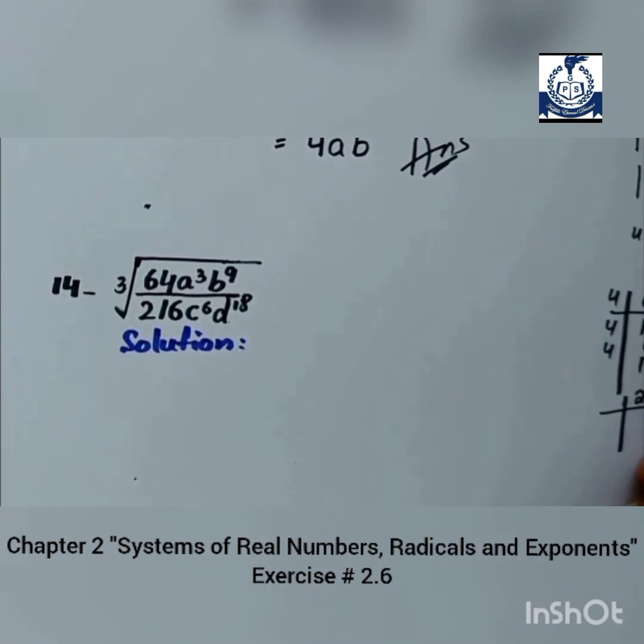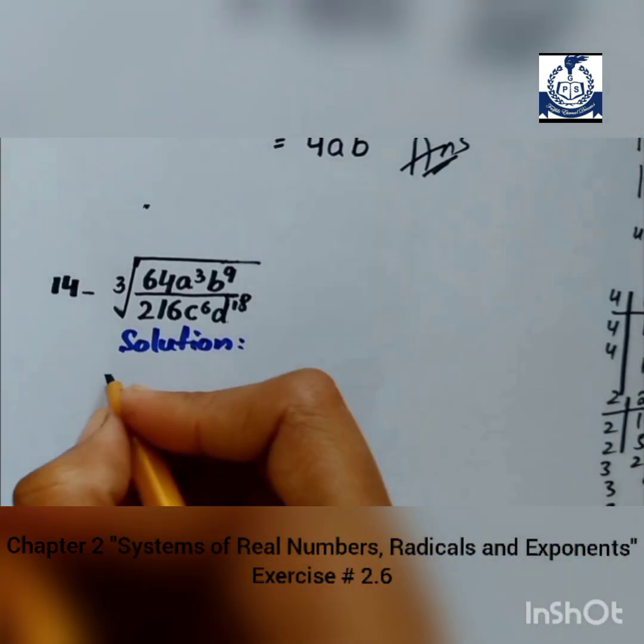Then we find the LCM of 216. 2 10s are 20, 2 8s are 16, 2 5s are 10, 2 4s are 8, 2 2s are 4, 2 7s are 14, 3 9s are 27, 3 3s are 9, 3 1s are 3.